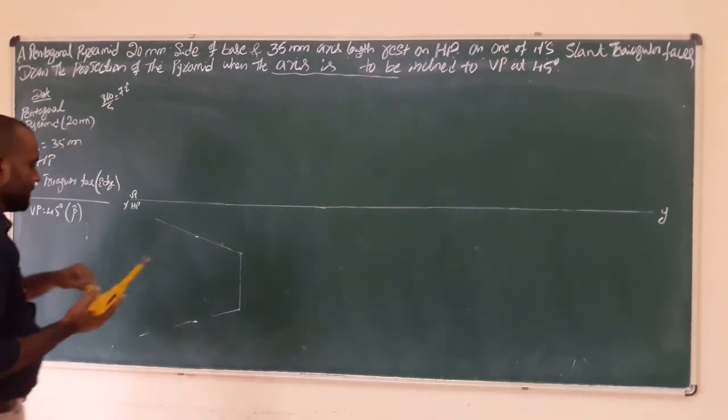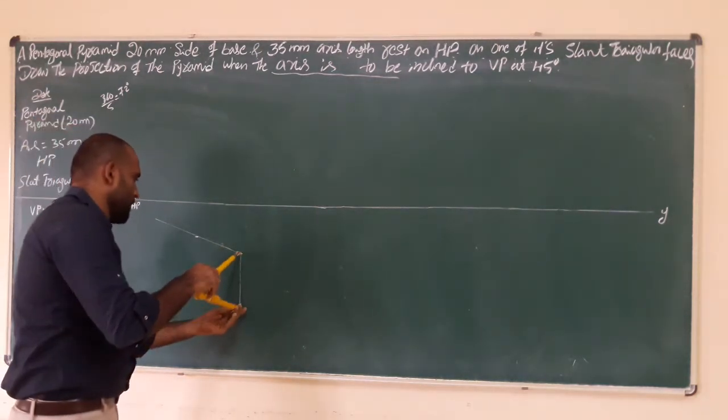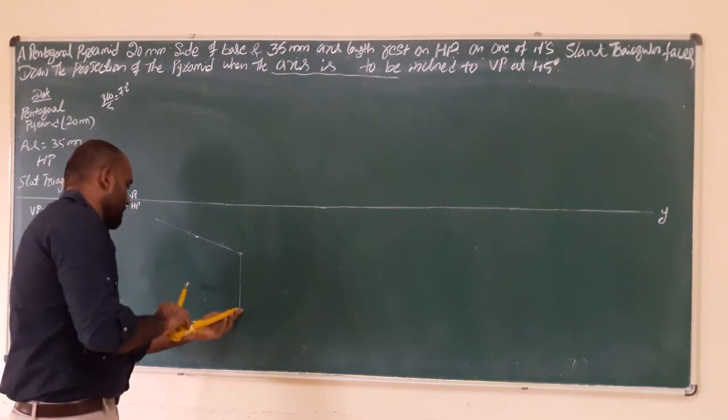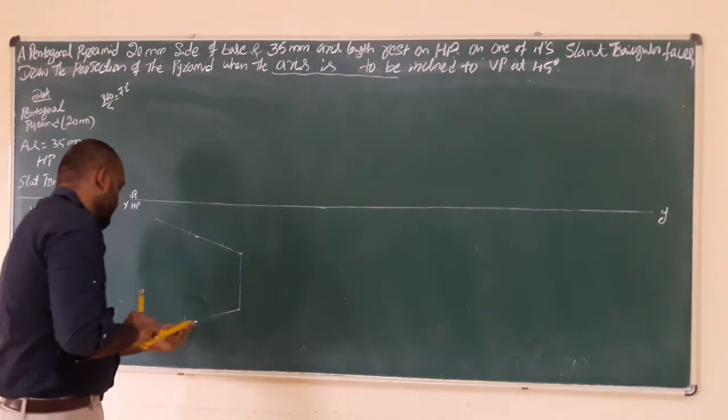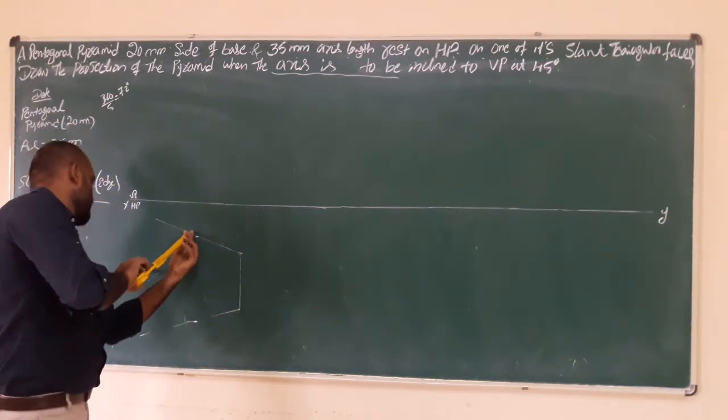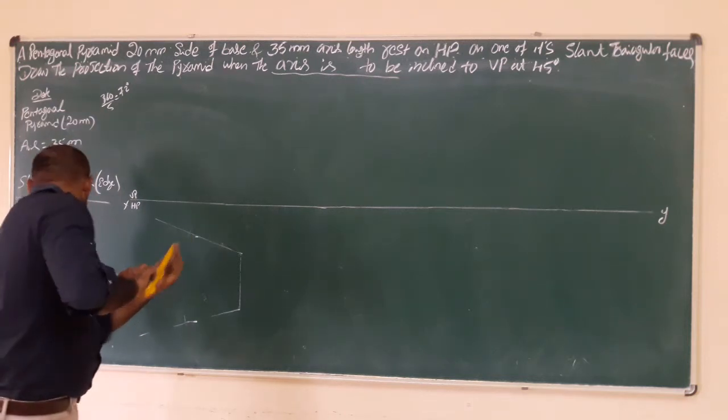Take compass, measure 20, and you have to cut 20 on the line, 20 forward.